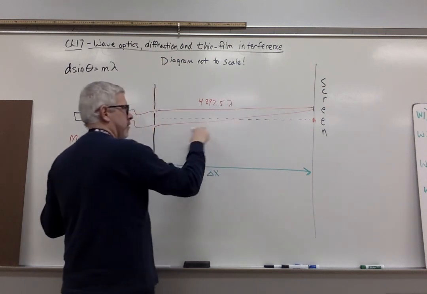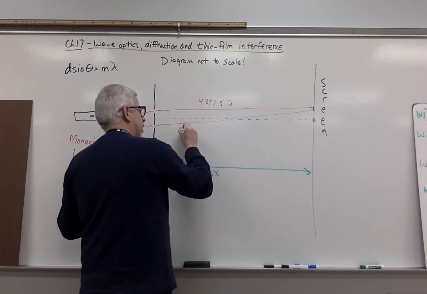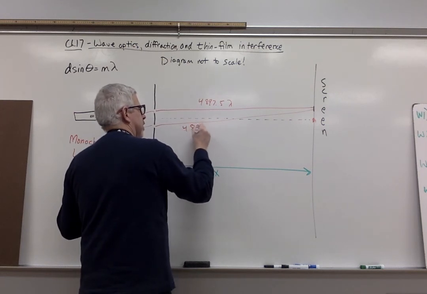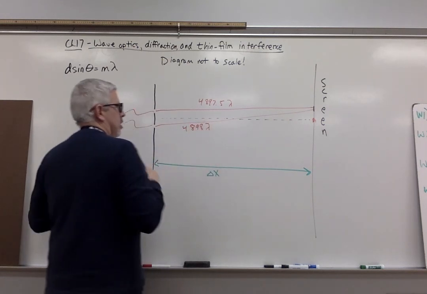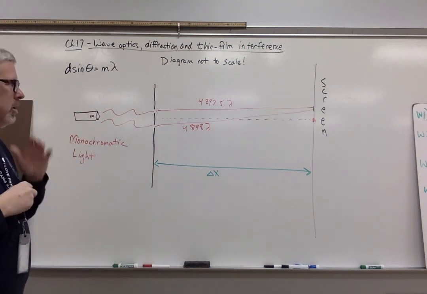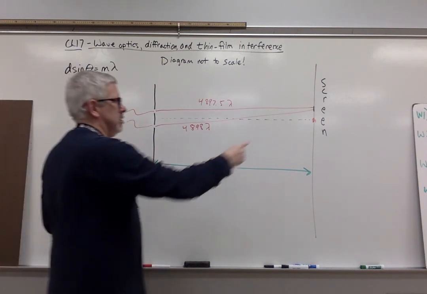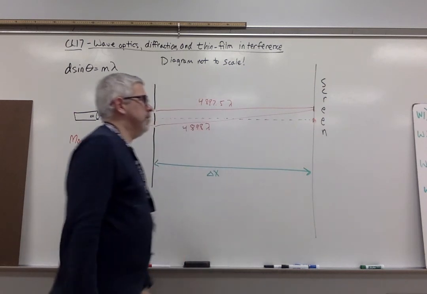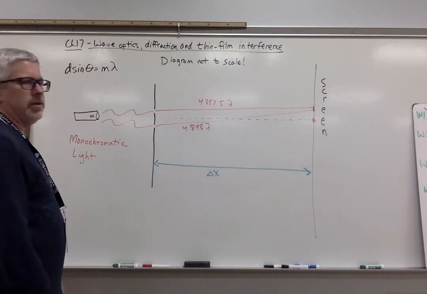This one would have to travel further because it's coming from below, so this would be 4,898 wavelengths. Whatever the case may be, they're going to completely cancel each other out, and we're going to see a dark spot up here. That is half a wavelength difference.